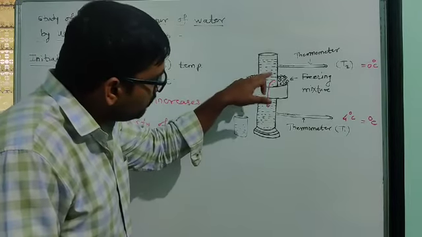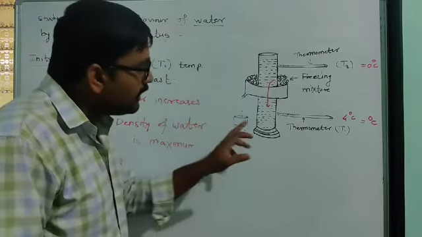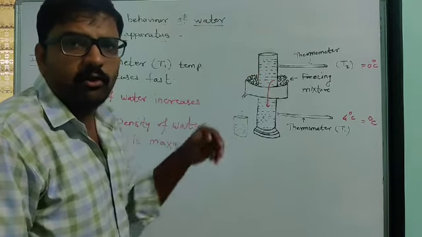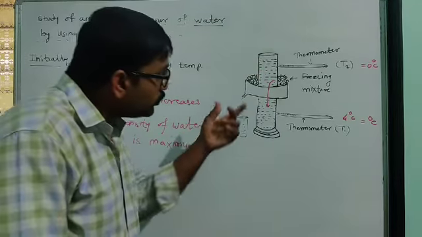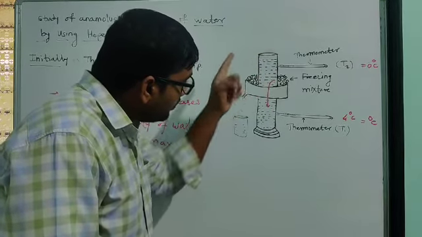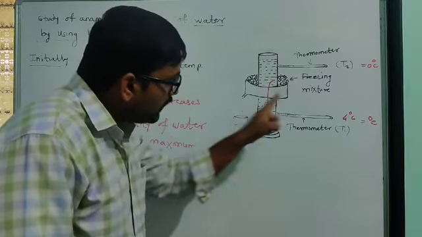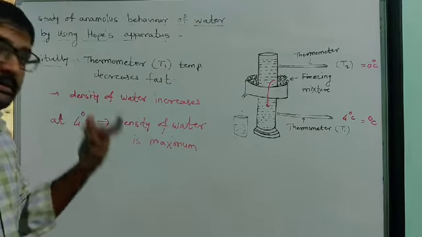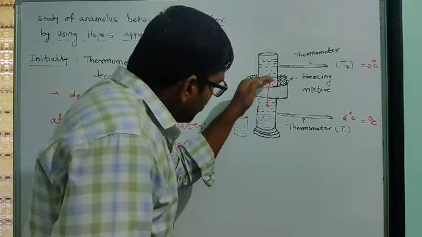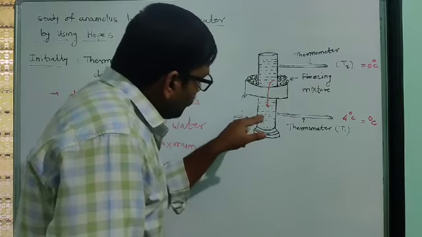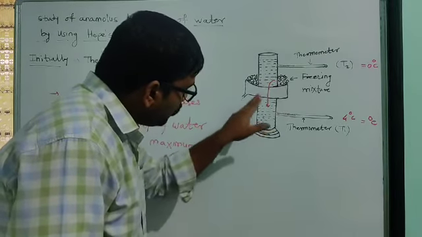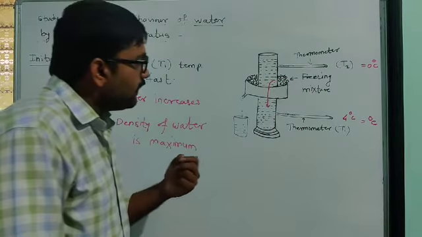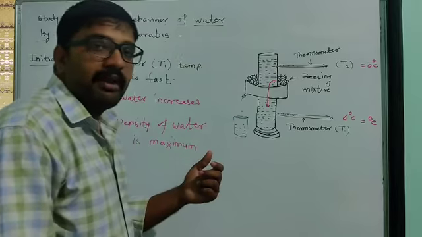As compared to the upper water, which is at somewhat more temperature, 10 or 12 degrees, whatever it may be, this lower water has a temperature of 4 degrees Celsius, meaning its density is maximum. So the water in contact with the thermometer first, here the density of water is maximum.